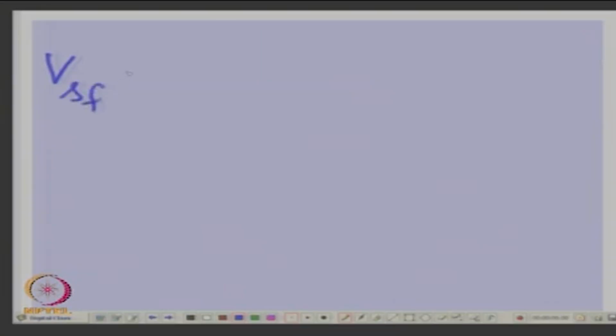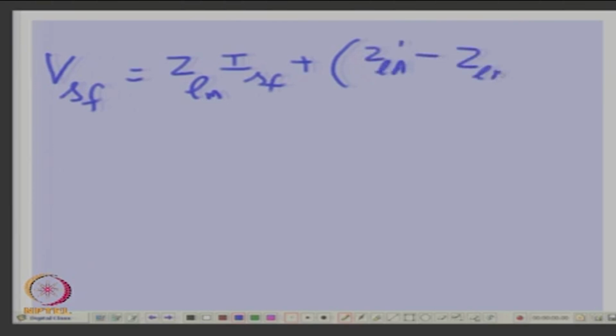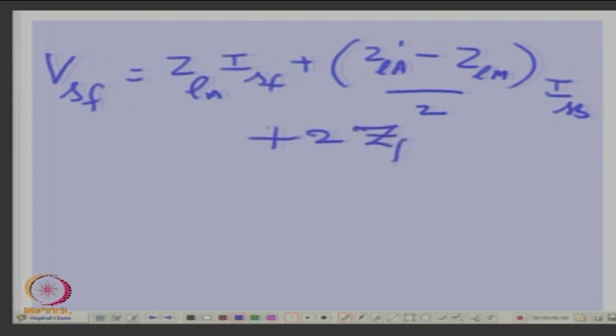VSF will be ZLM ISF plus ZLA dash minus ZLM by 2 ISB plus twice ZF1 ISF.